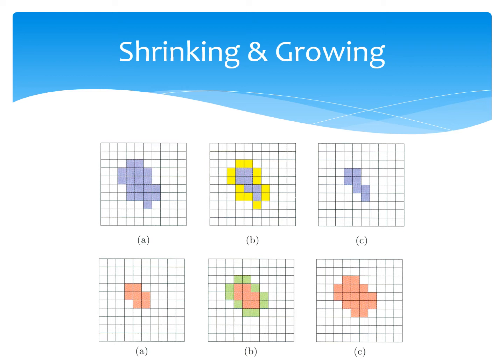Figure A shows a segment. Figure B highlights the outer pixels of the segment, as shown in yellow. If we remove the outer pixels as peeling off an onion layer by layer, we will obtain a smaller segment as shown in figure C.